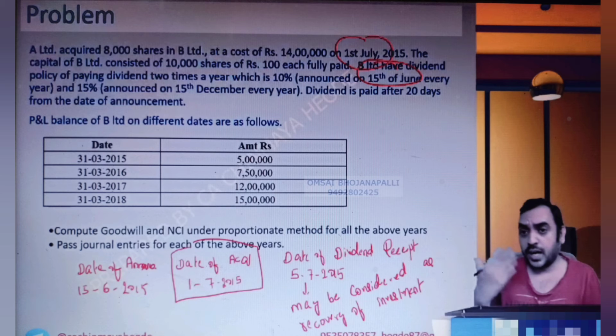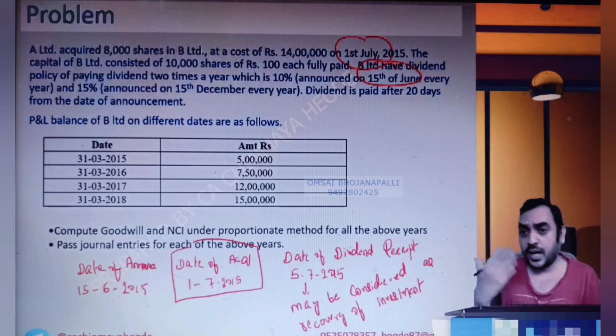Date of dividend receipt, 5th of July 2015. Then when was the announcement made? They announce it on 15th of June every year. So date of announcement, 15th of June 2015.